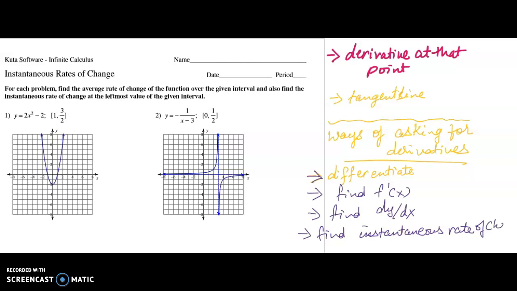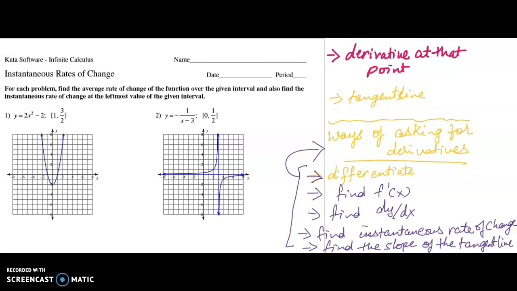And finally, if they say find the slope of the tangent line. All these things are nothing but the question asking you to find the derivative. So understand this verbiage. Whenever these verbiages are there, it is simply find the derivative.